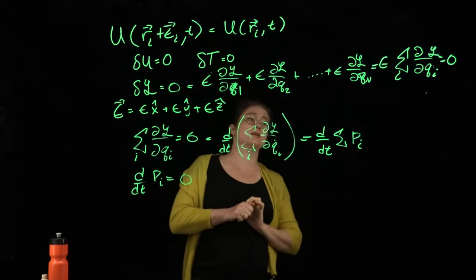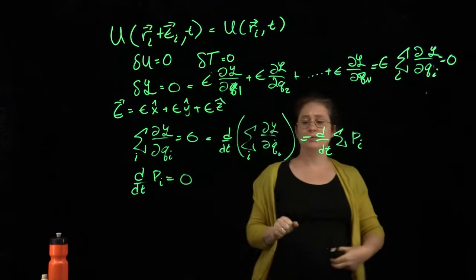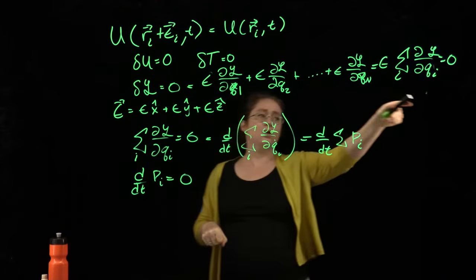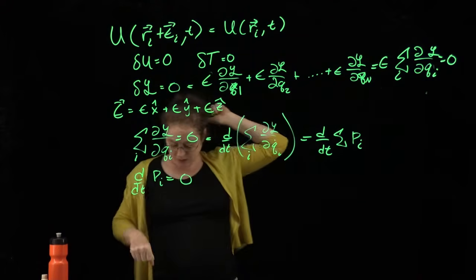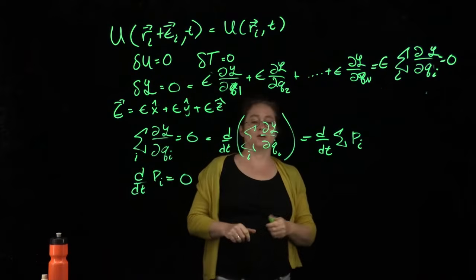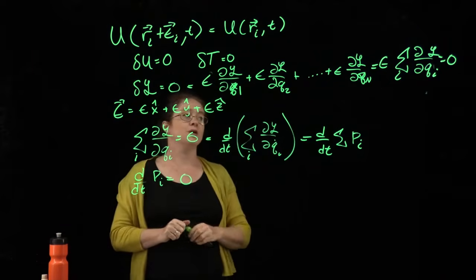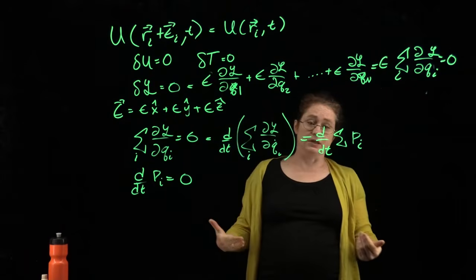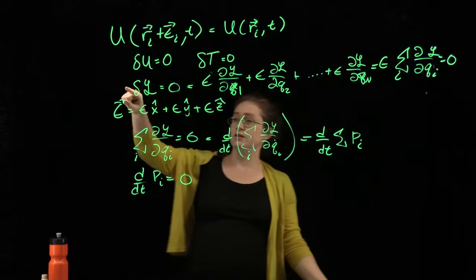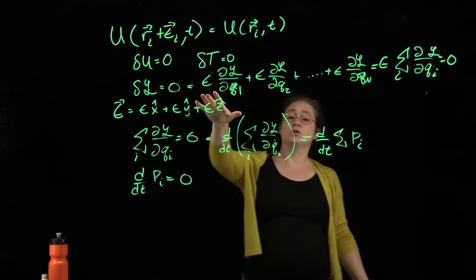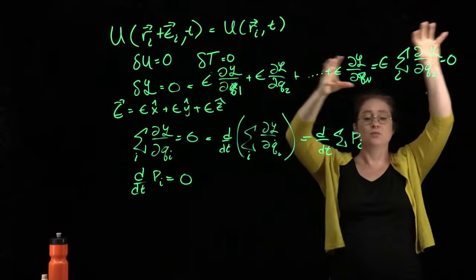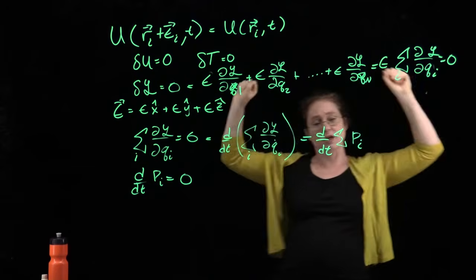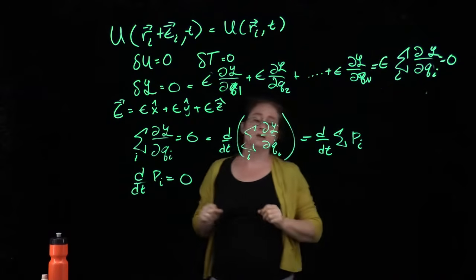So I wrote this as the sum over the variables. The book wrote this as the sum over all of the different particles. You actually could write over all of the different particles or all of the different variables. When the book did this to address a multi-particle system, when you shift the entire system, you're moving all of the particles in the same direction. You're not changing their potentials relative to each other.